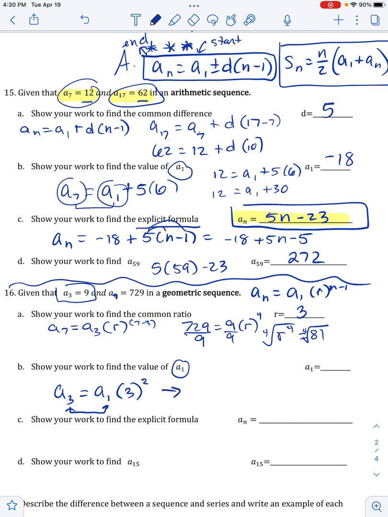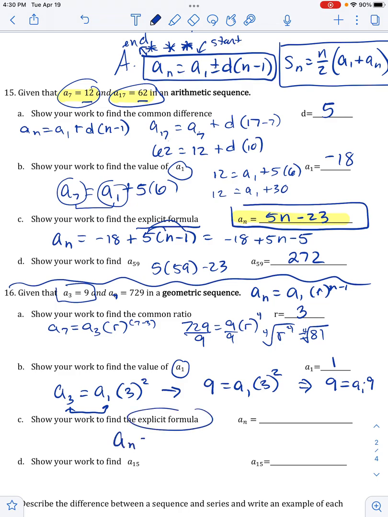So let's plug in some numbers. What's A3? 9. What's A1? No idea. That's what I'm trying to find. Already found the ratio, and I'm going to use it 2 times. So what do I know? I know that 3 squared is 9. So if 9 equals A1 times 9, my first term must have been a 1. Just solving for A1.